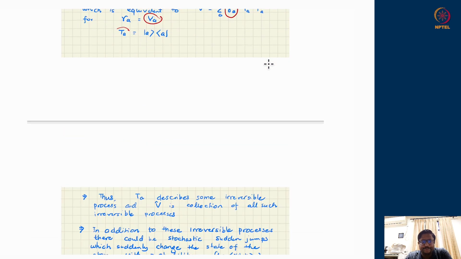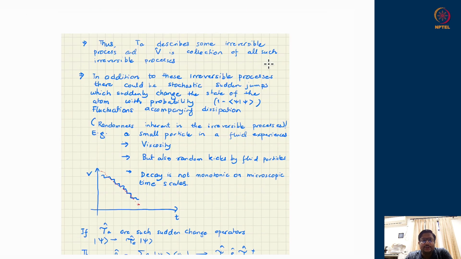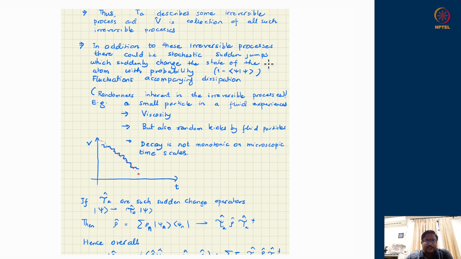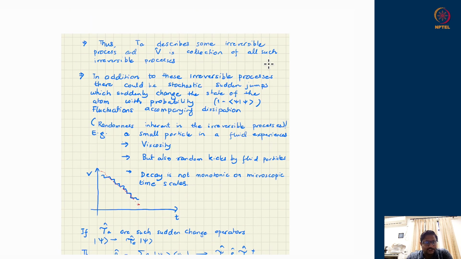Very well. So now T_A describes some irreversible process, and V is a collection of all such irreversible processes the atom is undergoing. Now, in addition to these irreversible processes, the atom also suffers some sudden stochastic jumps from its state.